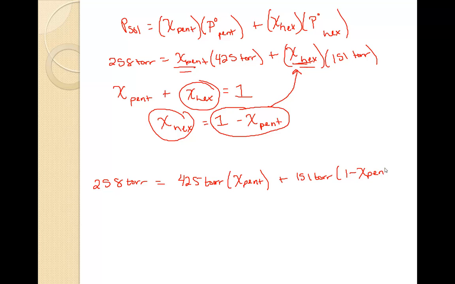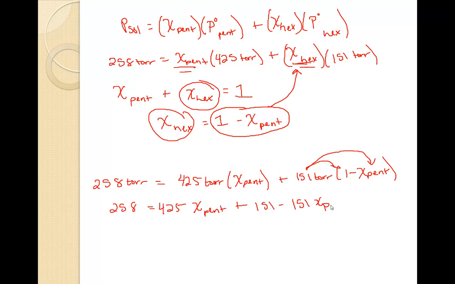Now I can distribute that 151 to both of those. I'm going to start leaving out the torr just for simplicity's sake. They're all the same unit, so it's okay. I'm distributing out the 151.